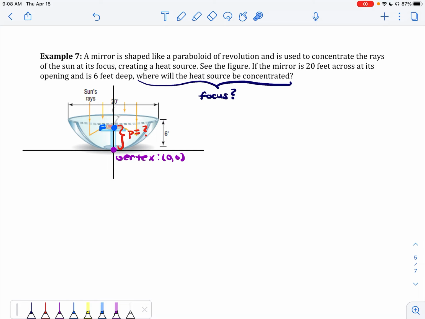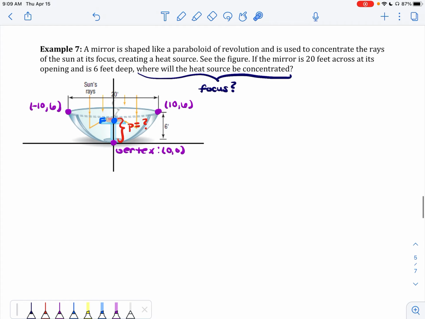Your instinct might be to assume that this is talking about the latus rectum, but it does not specify that, so we just have to assume that it's an arbitrary point on the parabola. So it's giving us two different points on the graph: a point at (10, 6) and a point at (-10, 6), because again, 20 feet across means it's 10 to the right and 10 to the left.